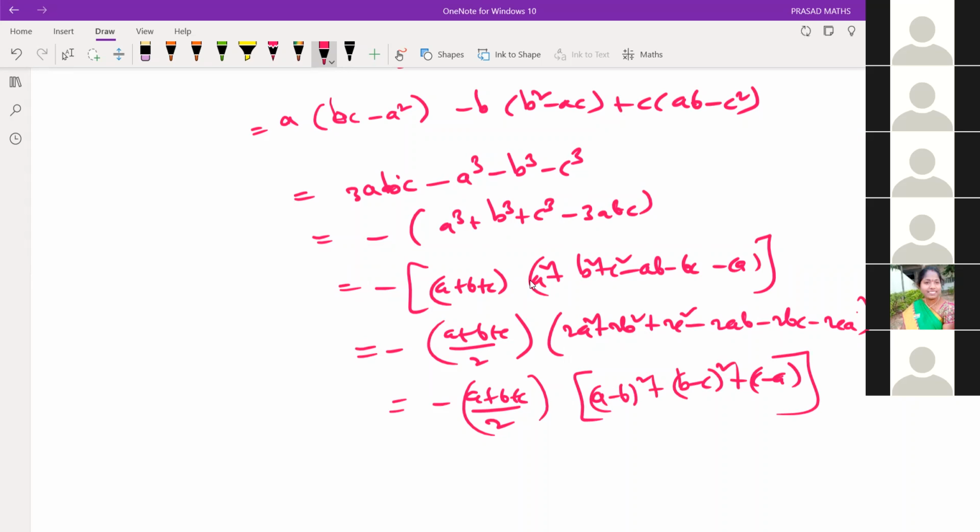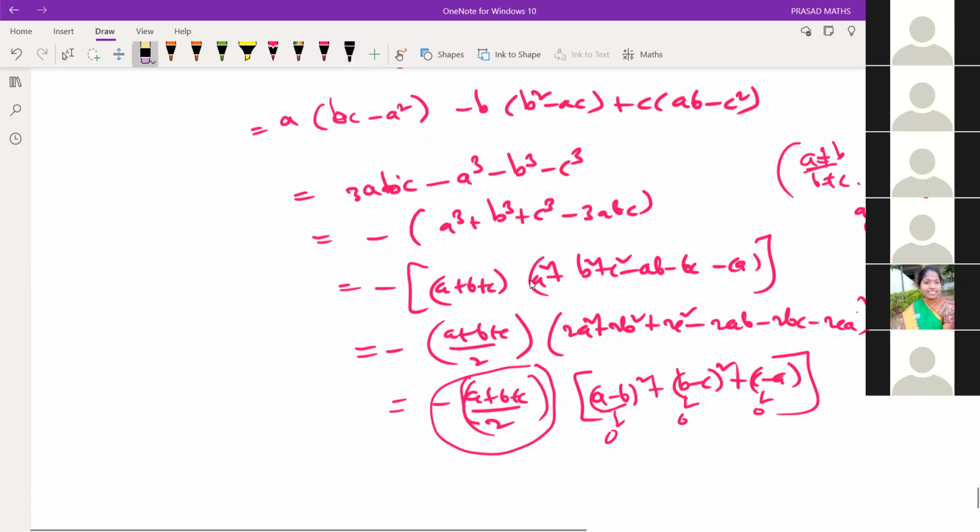Therefore, what you are given is A and B are distinct, and A positive, B positive, C positive. Once they are positive and distinct, at least two of them are different. Therefore at least one of these terms is positive. A plus B plus C is always positive because A, B, C are positive.